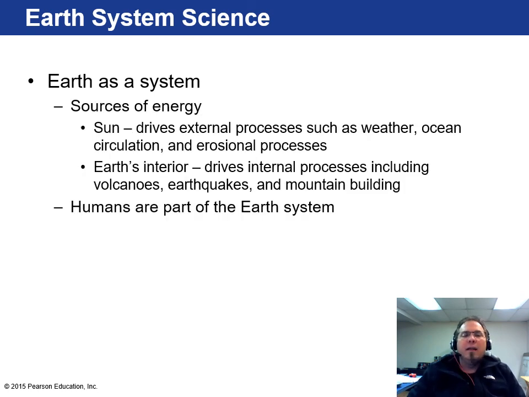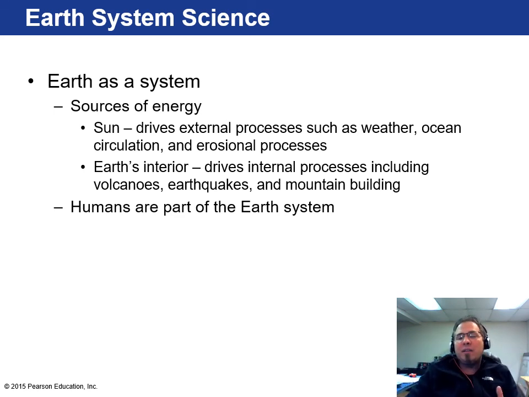Okay, and finally, you can't talk about Earth as a system without talking about what drives these processes. The sun is the external one, right? Without the sun, we don't have an atmosphere, we don't have weather, we don't have wind, we don't have a lot of things. It's not warm enough to sustain life on Earth. So the sun is obviously a huge portion of the external sources of energy.